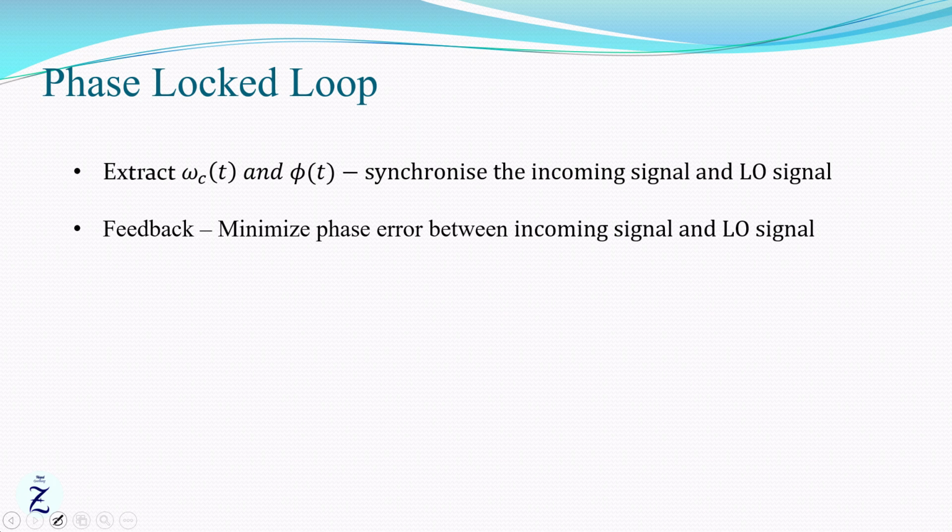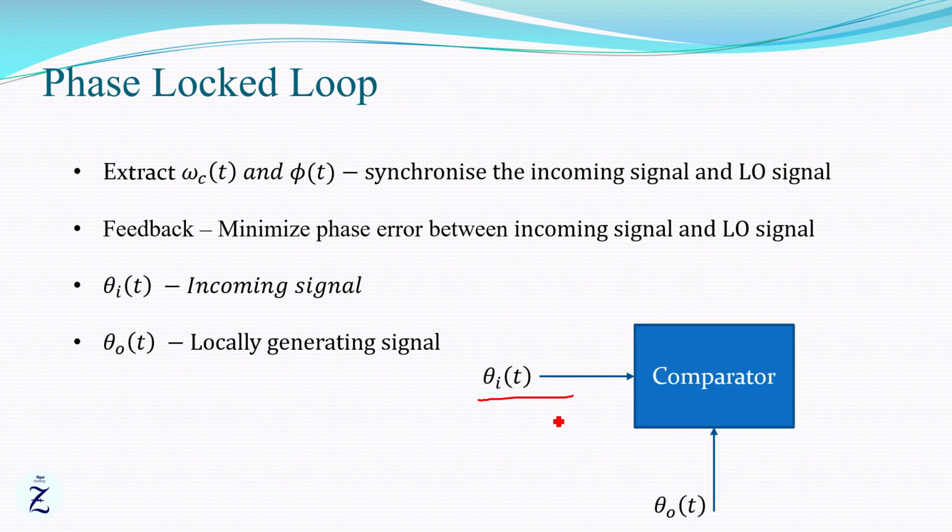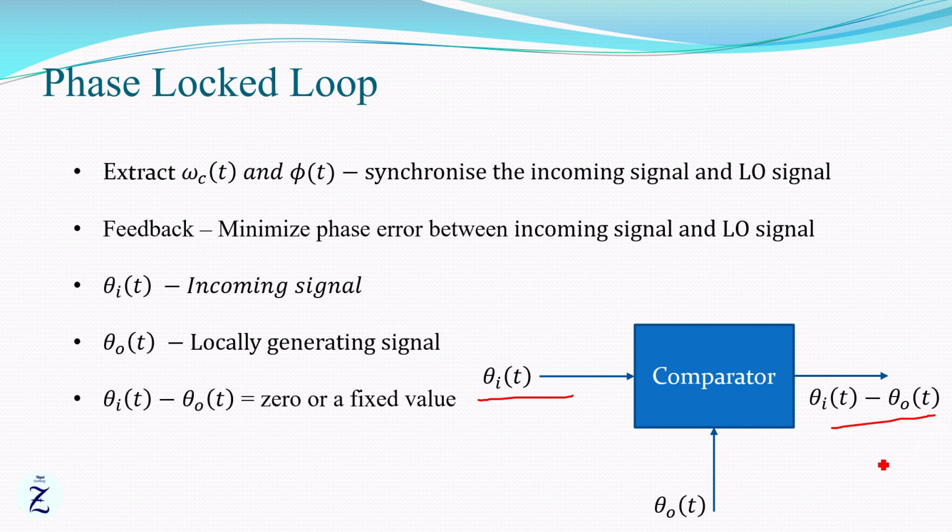Suppose I have a sinusoidal signal which is coming with an incoming phase of θi(t), and locally I will be generating some θ0(t), and my target should be that the difference between θi(t) and θ0(t) must go to 0 or a constant. So I need to create a feedback loop so that the phase error must go to 0 or a desired value.